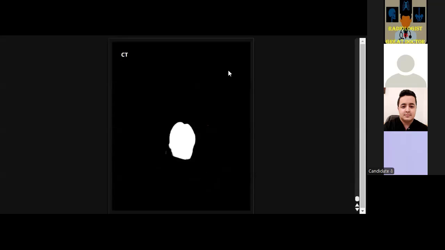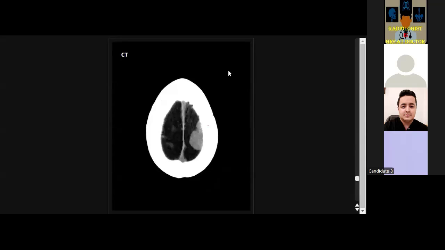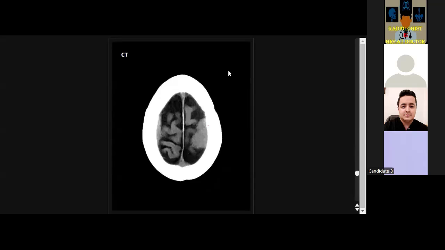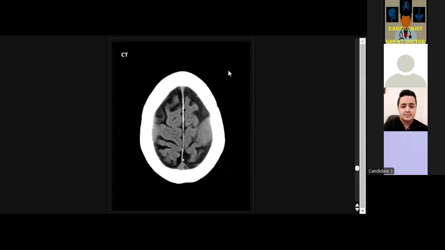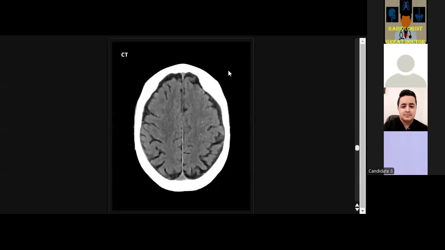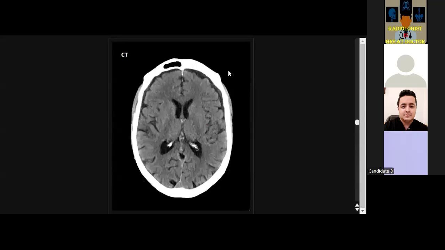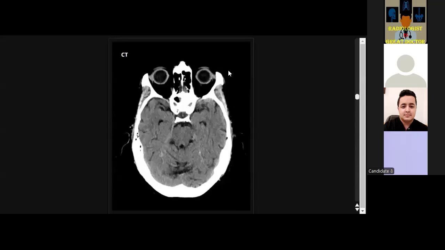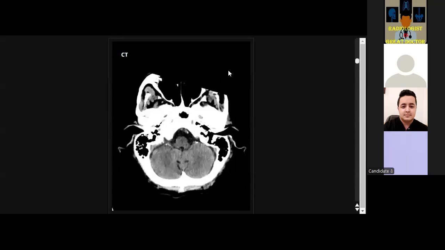Okay. So I am presented with axial sections of CT brain. I'm just trying to scroll through the images before I comment. This is a non-contrast CT brain.